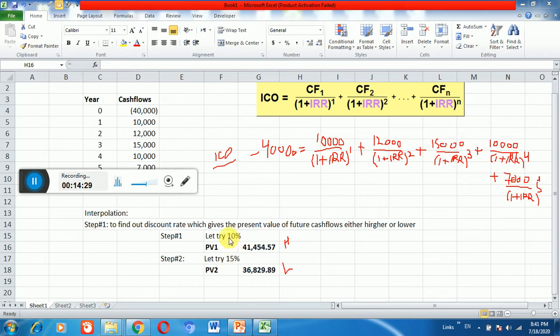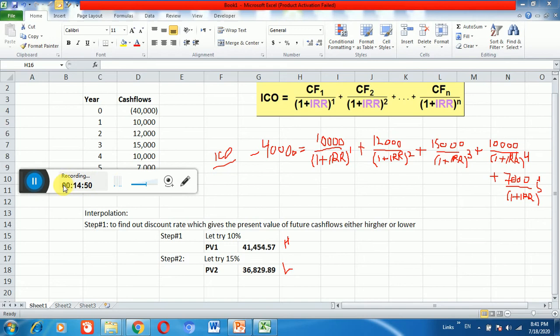So you only try to find two discount rates or percentages which give you one value higher than 40,000 and another value lower than 40,000. Okay, now in the interpolation method, what you have to do, look, dear students.